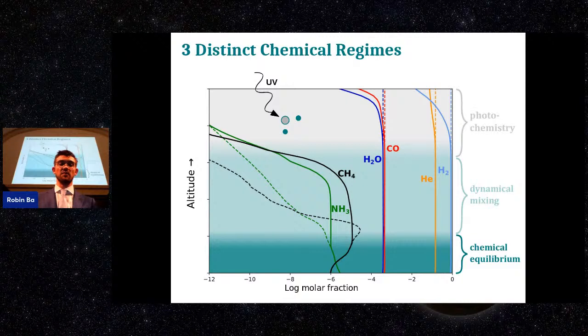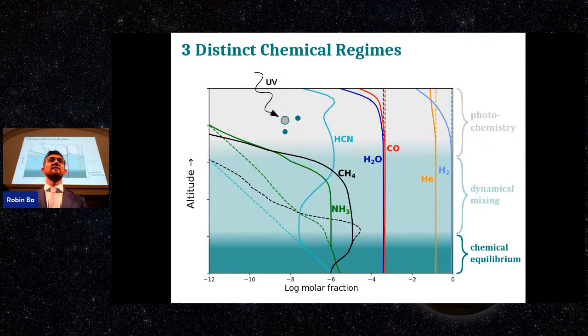You can see from this graph that methane and also ammonia, NH3, are both very susceptible to this kind of dissociation, and they will be quite easily destroyed in the upper atmosphere. However, this frees up some carbon and nitrogen atoms, and these can then form again together to make, for example, hydrogen cyanide, which is then rather abundant in the upper atmospheres.